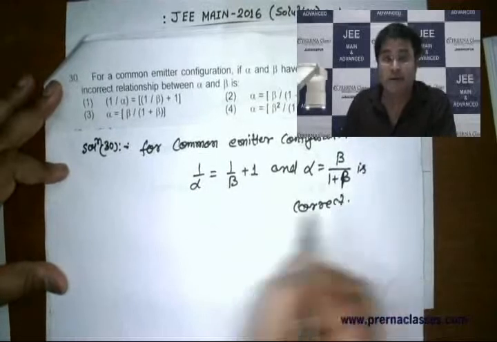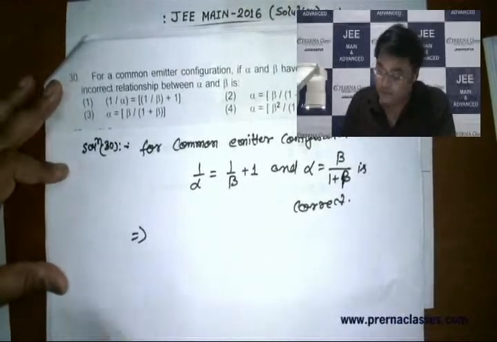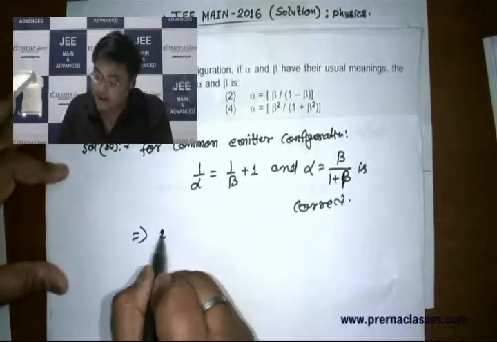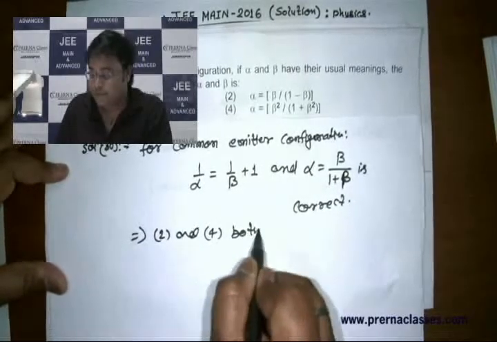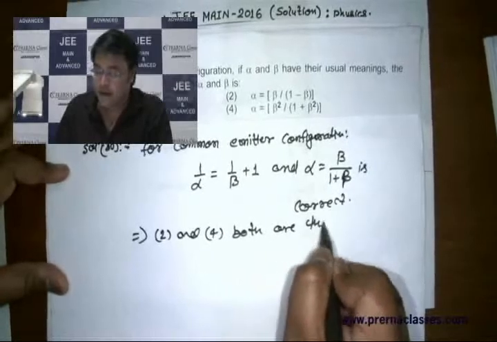So the incorrect statements are the second and fourth. Second and fourth both are the incorrect statements.